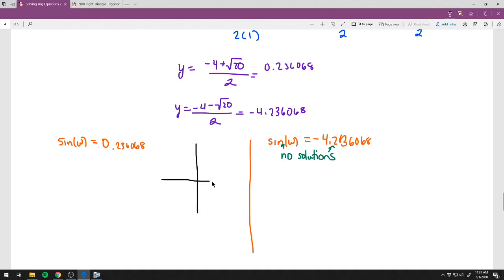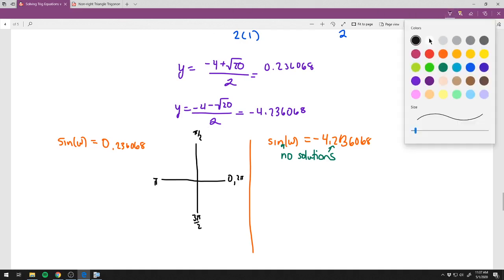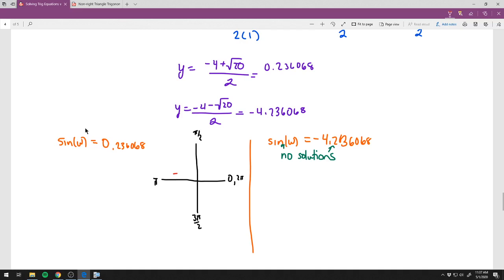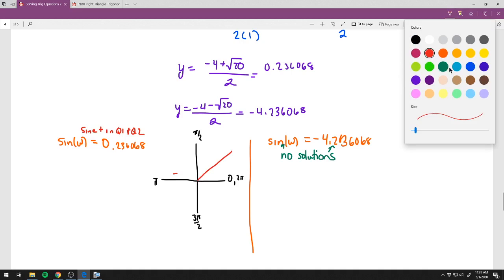So I'm going to make our picture. Sine is positive in quadrants 1 and 2. That means we're going to have an answer in quadrant 1 and an answer in quadrant 2.